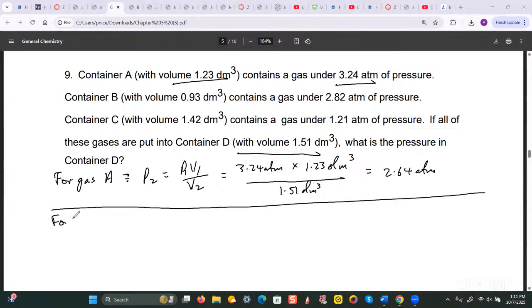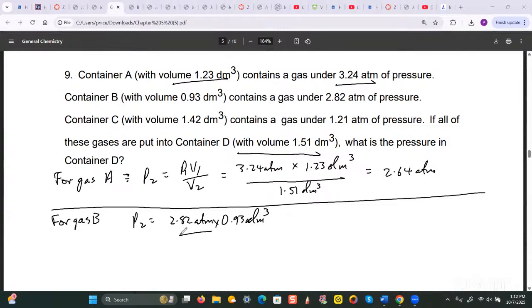For gas B, same equation. So P2 would be equal to what in the case of gas B? What is P1 for gas B? 2.82 atmospheres. What is V1 for gas B? 0.93 dm³.